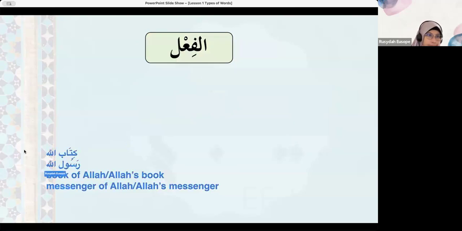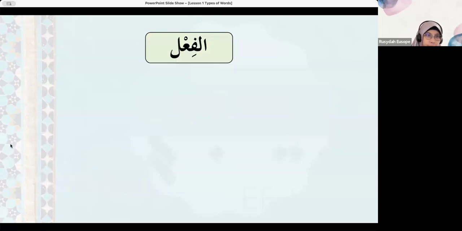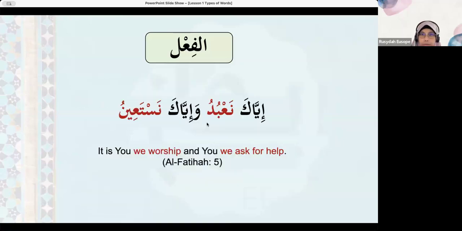Some of the signs are na, but not all. Some of the signs that we can see here: iyyaka na'budu starts with na, followed by three root letters. This is one of the examples of the signs of verbs, or fi'il, in Arabic.